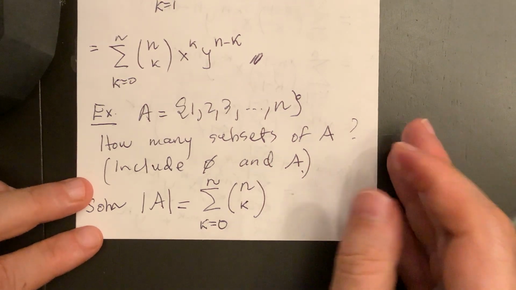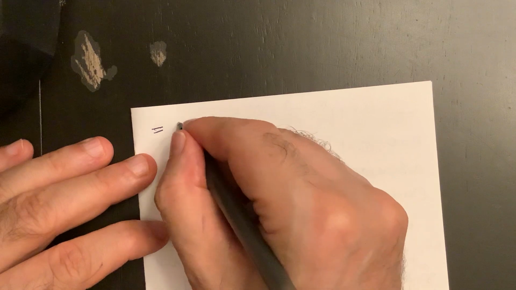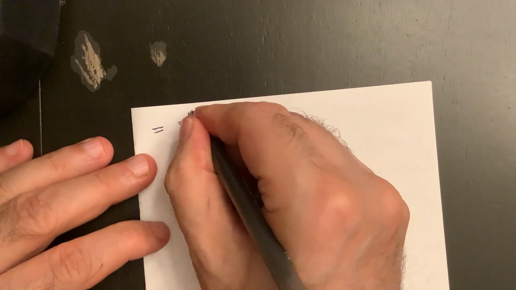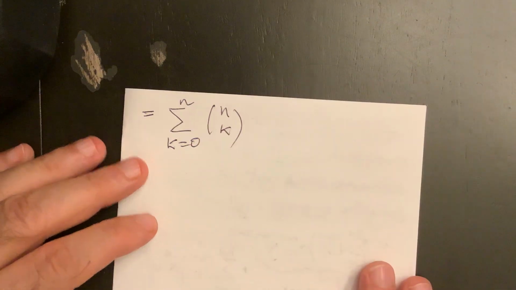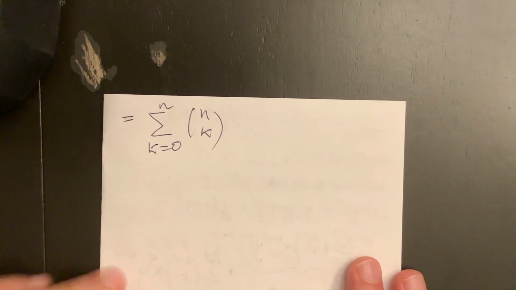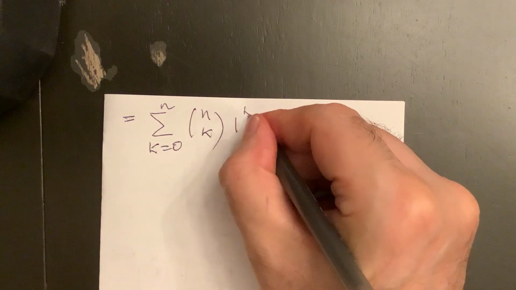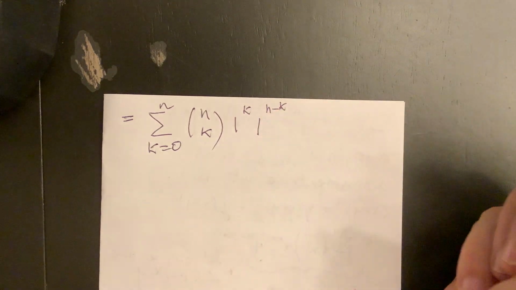Okay? And we can now evaluate that. This is equal to the sum, k equals 0 to n of n choose k. And I could write this as follows. I could write this as just 1 to the k and 1 to the n minus k.